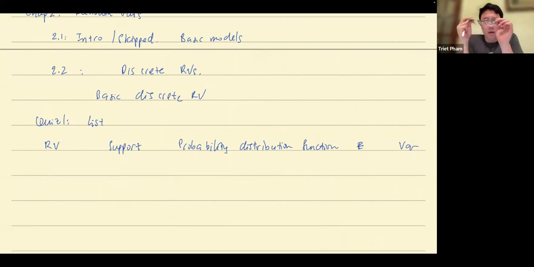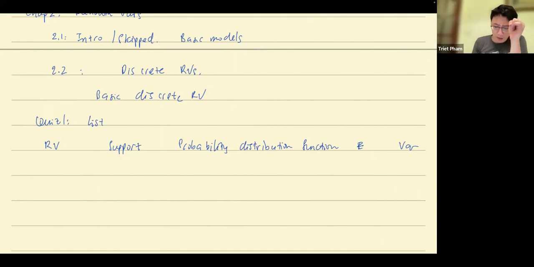Now, of course, everyone's list can be slightly different because some people might include certain things like the gamma, the beta. These are continuous random variables that are technically very popular, and they show up more on the statistics side.